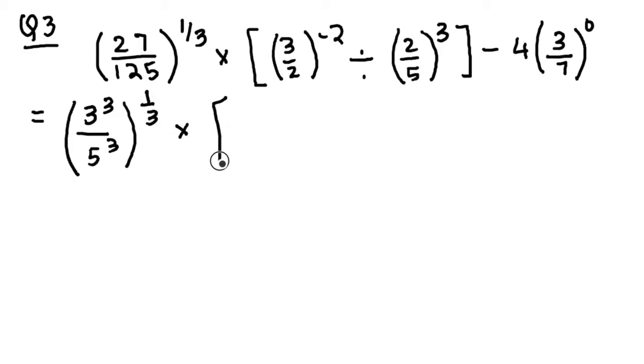Multiplied by, keep this bracket as it is, and remember we have to use BODMAS, so brackets first, whatever is inside the bracket we have to deal with that first.